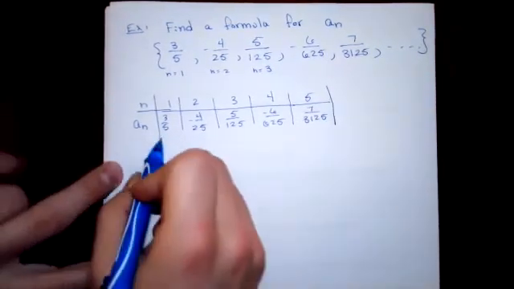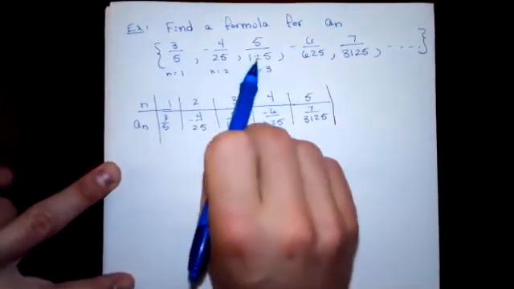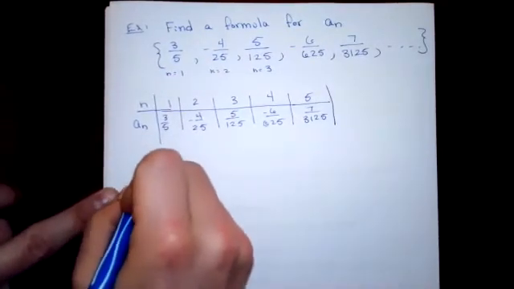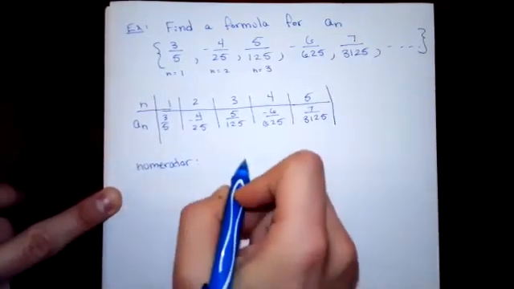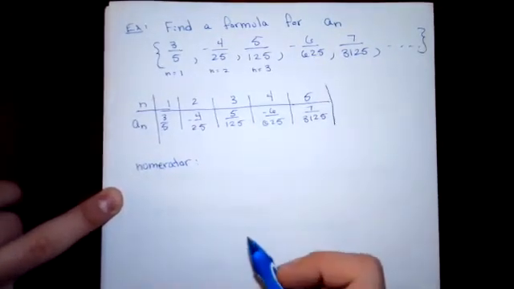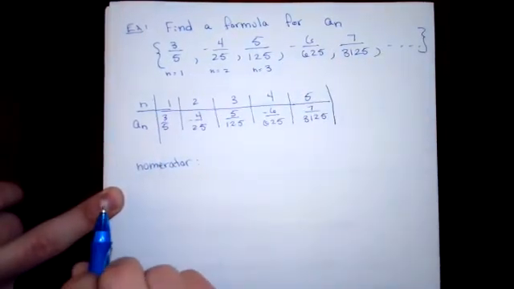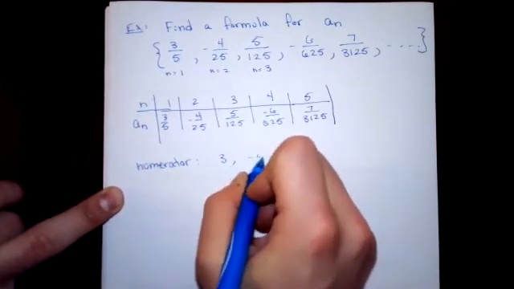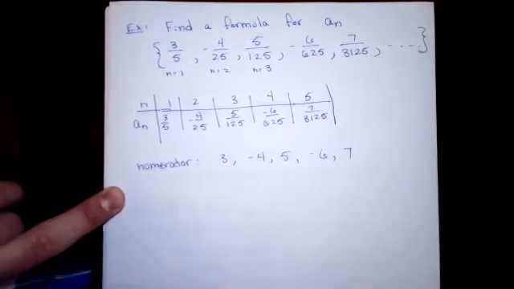Okay, so let's try to think of what's happening. Usually when you're given a rational expression, let's try to break it down into both numerator and denominator. So what's the sequence in the numerator? Let's actually attach the negative signs to the numerator as well. So the numerator is going to look like 3, -4, 5, -6, 7. That's not too bad, right?